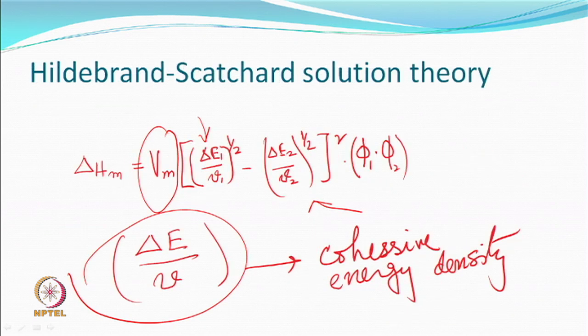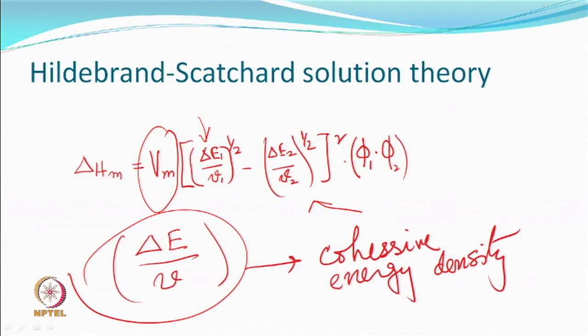This term is also telling us that if the cohesive energy density of the two are close or equal, equal will always be difficult because there are two different molecules, so it cannot be the same. If it is a solvent, then it is like energy of vaporization. If it is a solid, then maybe activation in terms of the crystallite, how the crystals will separate out, right.